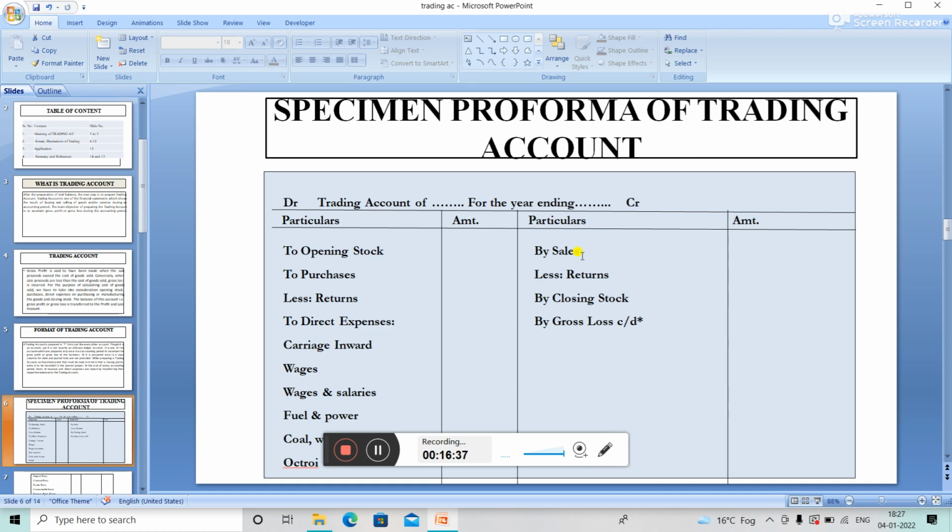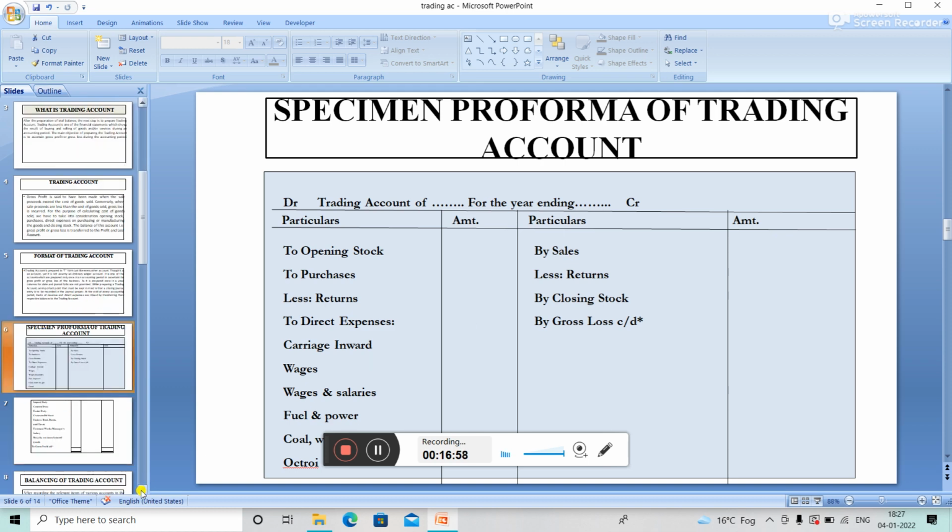So to incorporate it into the trading account, we have to pass a journal entry for the same, which I have already told you: closing stock account debit to trading account. I hope this is clear.